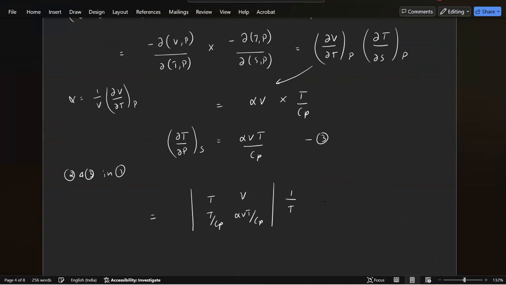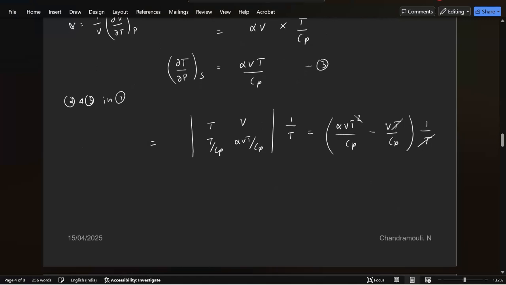So this is basically a determinant, right? We need to multiply these two minus that. So alpha V T squared divided by Cp, minus V T by Cp. Here will be 1 by T. So this T squared will get cancelled.